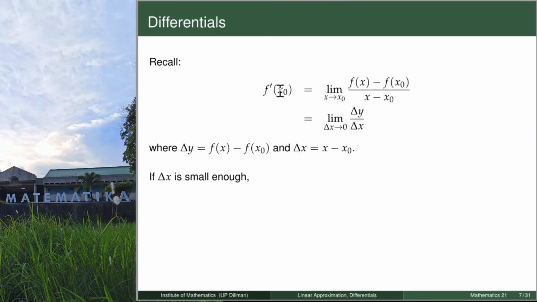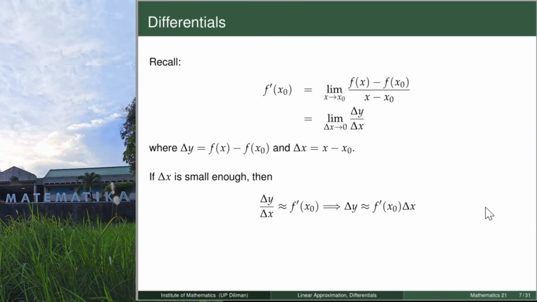In other words, what does this mean? If delta x becomes small enough, then the quotient of delta y divided by delta x is approximately equal to f prime of x naught. That's what this means, right? And we can multiply both sides by delta x so that we will have this expression.